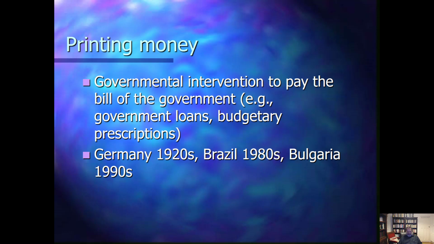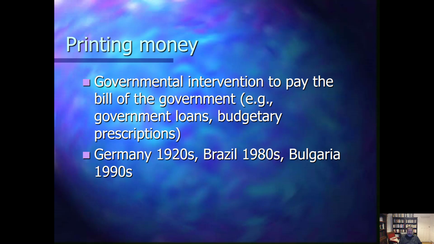For example, they may take out a loan to develop infrastructure, or the budget may have some prescription about how much deficit is allowed and so on. So the government ultimately needs to pay these bills, and in some cases, the government simply prints more money in order to be able to pay these services.